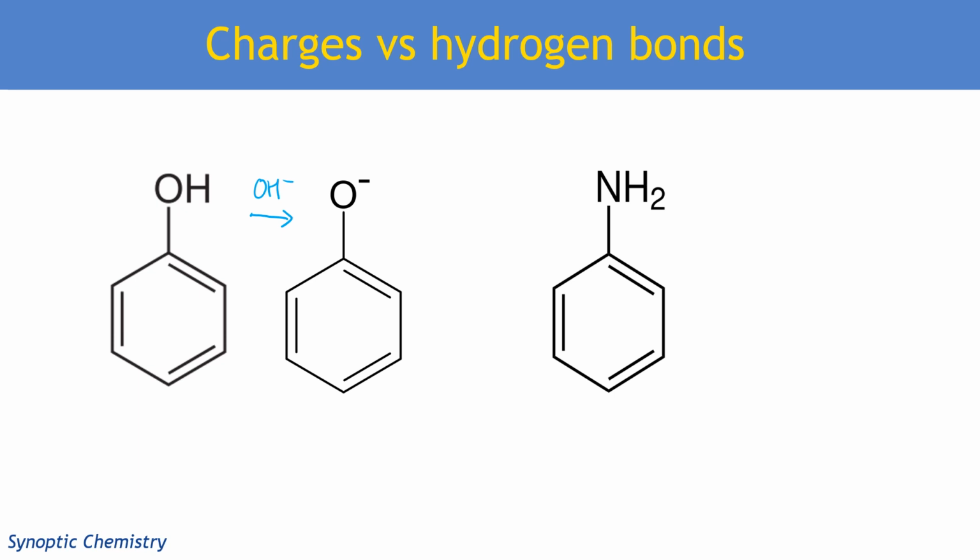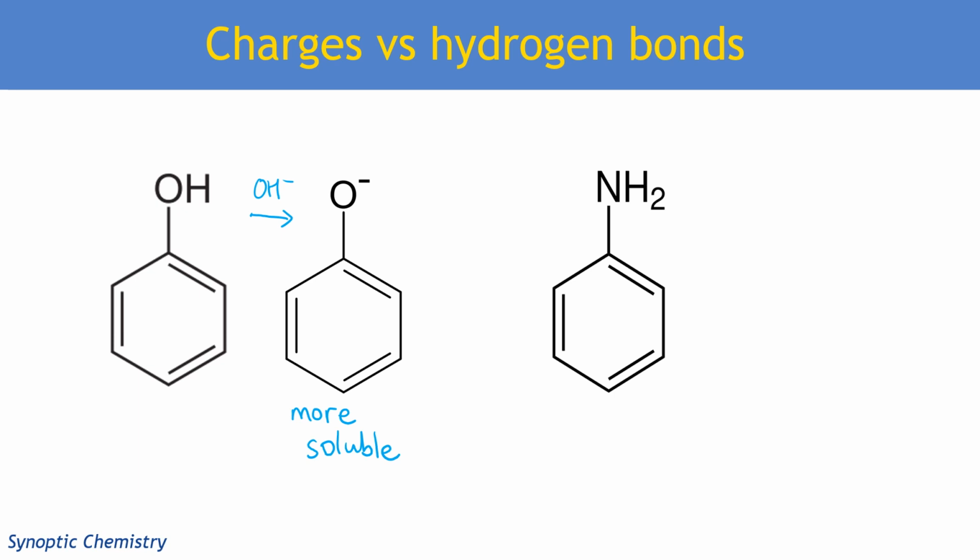So carboxylic acids will react to form the salt, which also has a negative charge on the oxygen. And this is going to be much, much, much more soluble. So ionic things trump hydrogen bonds. Don't always think of hydrogen bonds as being the best of everything. Ionic things are going to be more soluble than something that has hydrogen bonds. So even though I've taken the hydrogen off and I can't form any hydrogen bonds, it will still be more soluble.